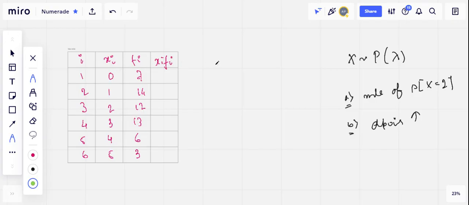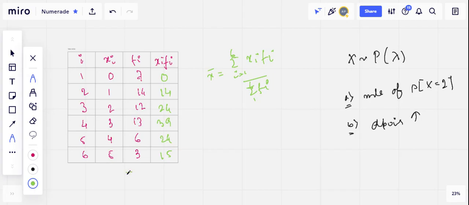See, xi fi is given, so observed sample mean x bar equals summation i runs from 1 to 6 xi fi whole divided by summation fi, 1 to 6. So here we'll find the xi fi. This will be 0, 14, 24, 39, 24, and 15.